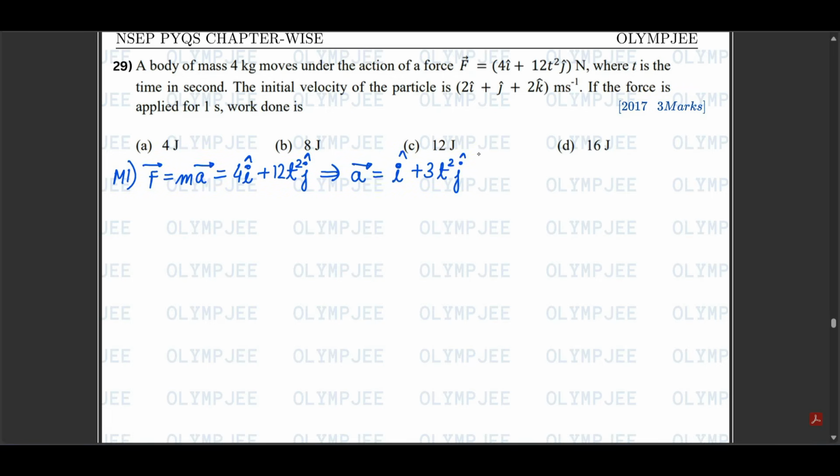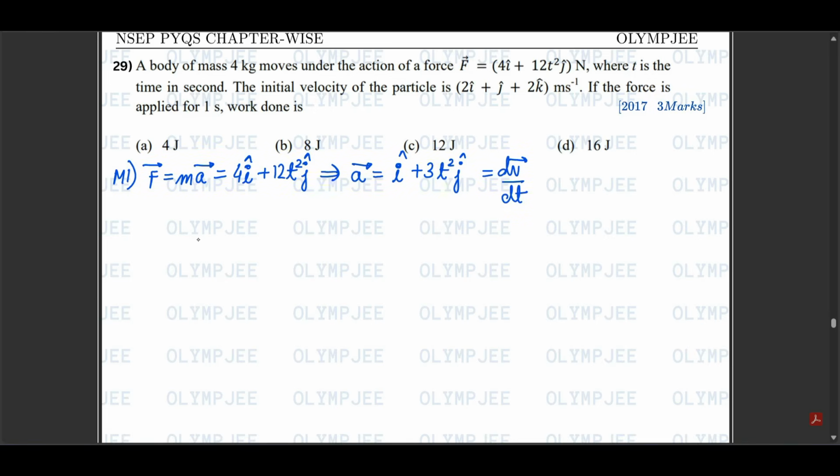So from here we can find out the velocity. We can write this acceleration as dv by dt, and we can take this dt here and then integrate to find dv.